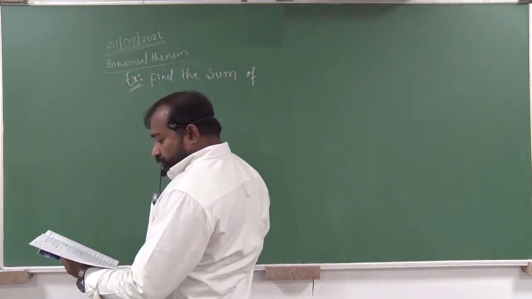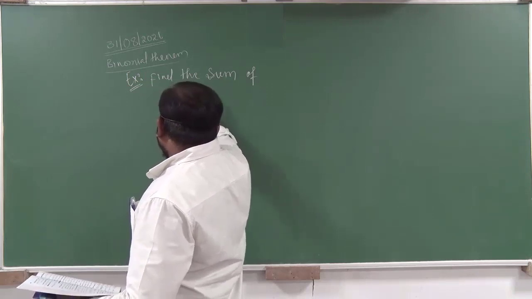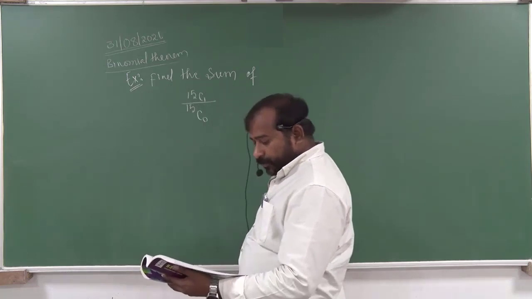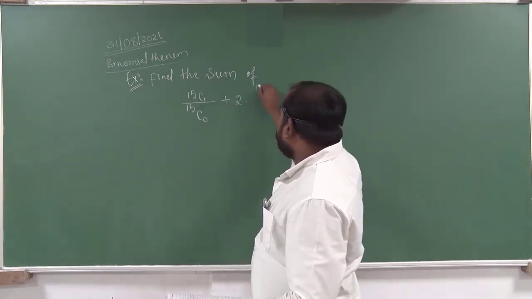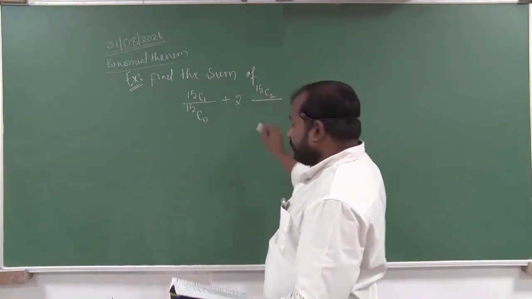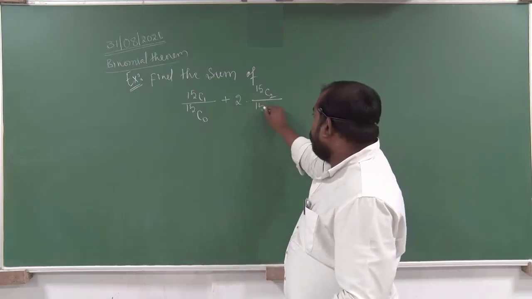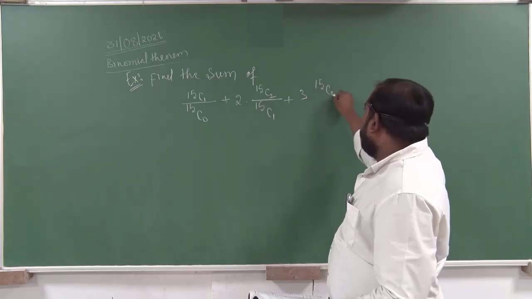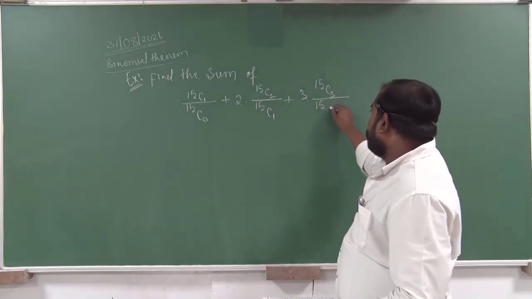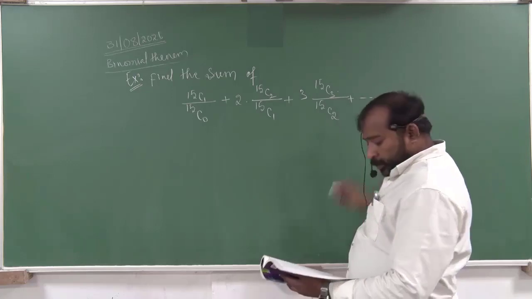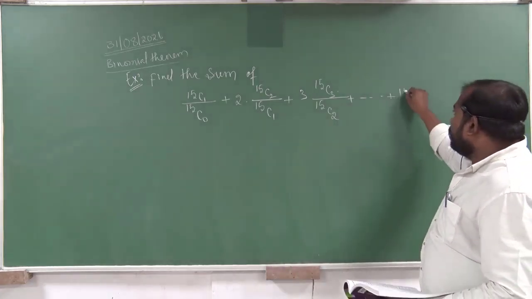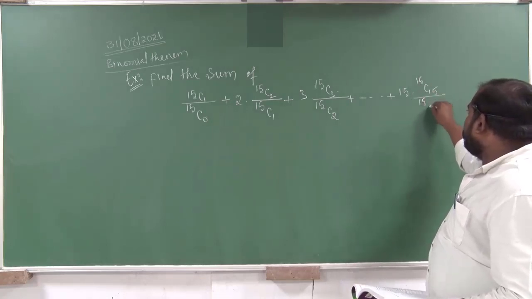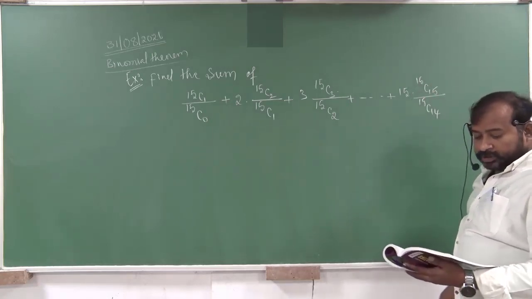Find the sum of 15C1 by 15C0 plus 2 into 15C2 by 15C1 plus 3 into 15C3 by 15C2 plus so on, plus the last value 15 into 15C15 by 15C14. What will this value be with the help of the binomial coefficients?